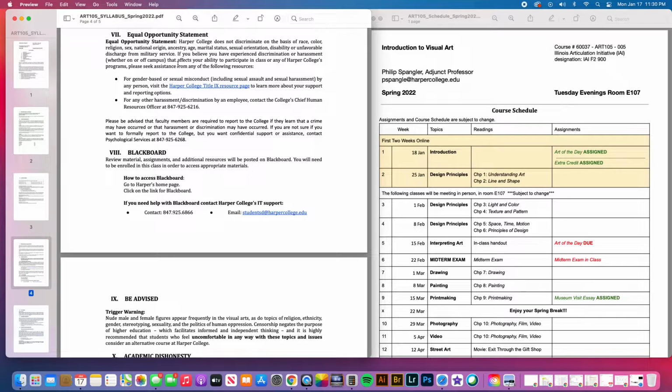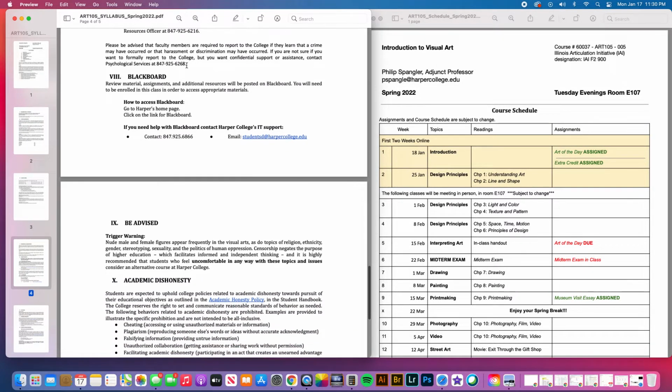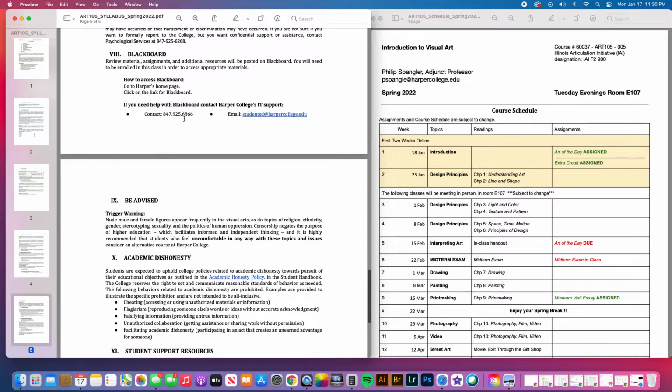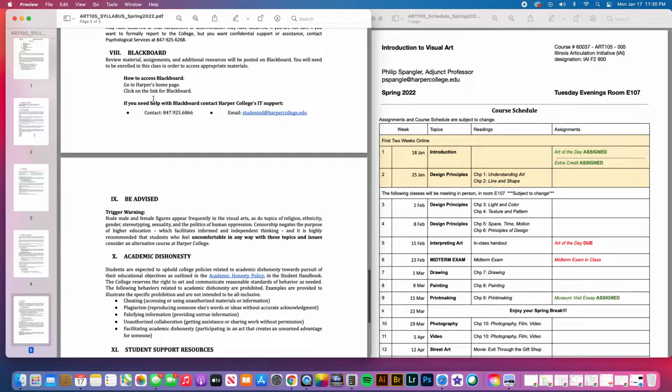This is the Harper Equal Opportunity Statement. I suggest you read it. Again, if you need help accessing Blackboard, go ahead and contact the Harper IT support. Here's the phone number, and here's an email for the IT support.